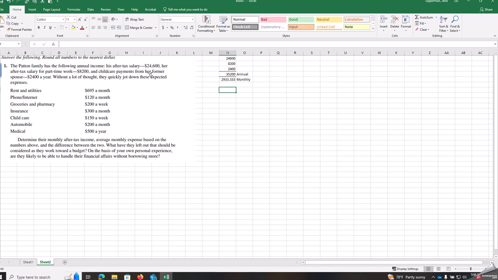Now, if you look, these are all different. So $695 is their rent for the month. Phone is $120 for the month. Groceries is $200 a week.